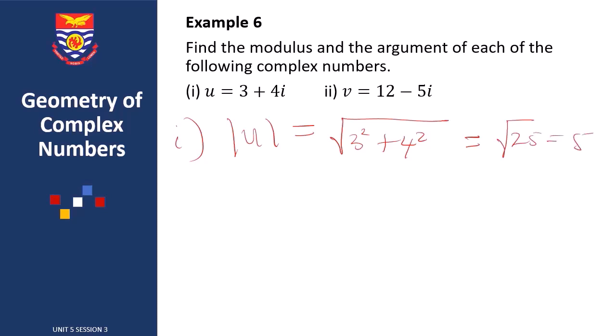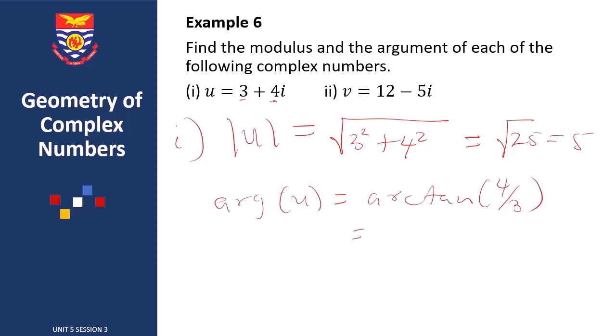Since a is 3, positive, and b is 4, also positive, they lie in the first quadrant. So the argument of u equals the tan inverse, or arctan, of 4 on 3.